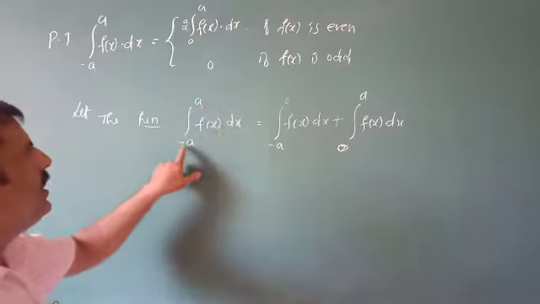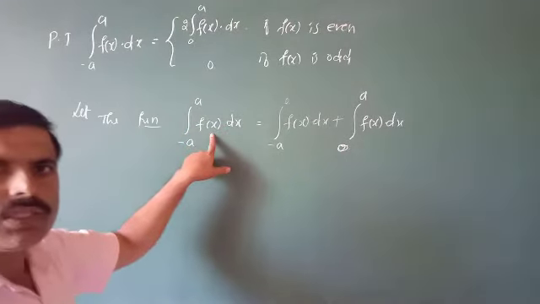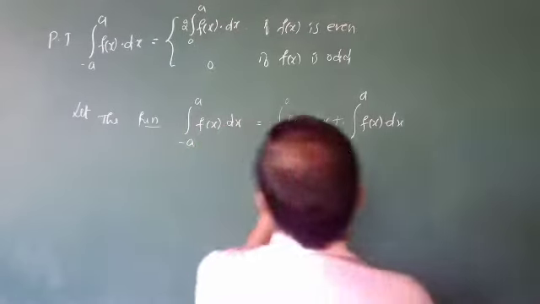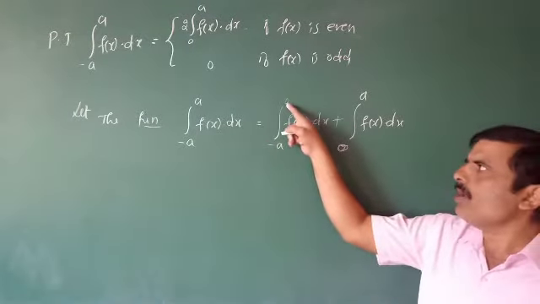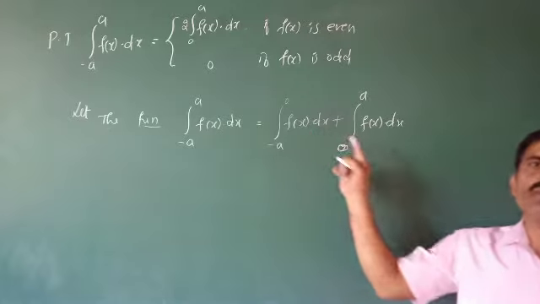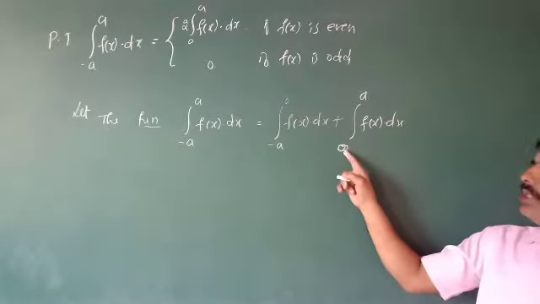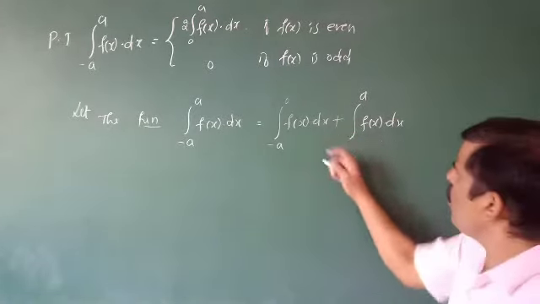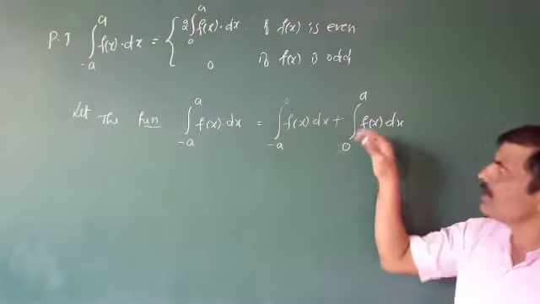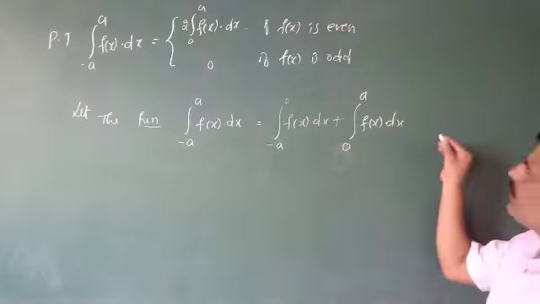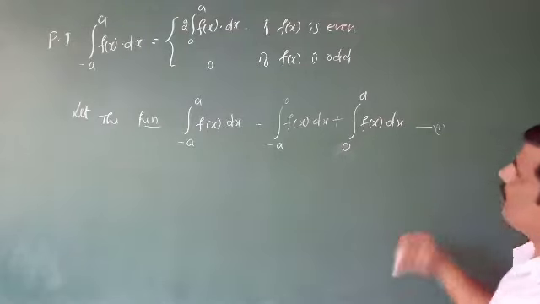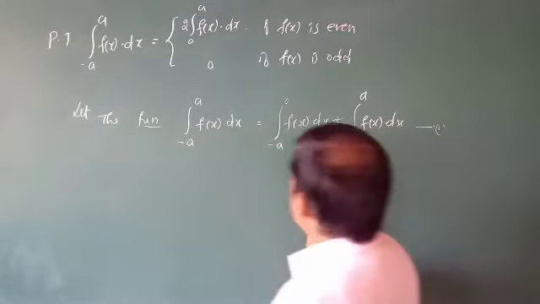It says that the integral from minus a to a of f of x with respect to x is equal to the integral from minus a to 0 of f of x with respect to x plus the integral from 0 to a of f of x with respect to x. That is equation 1.